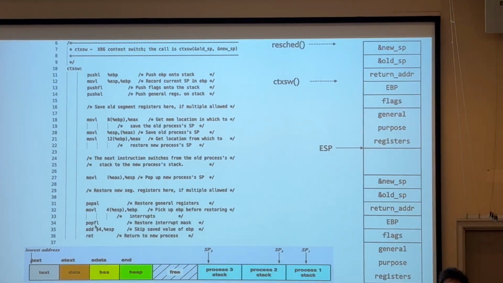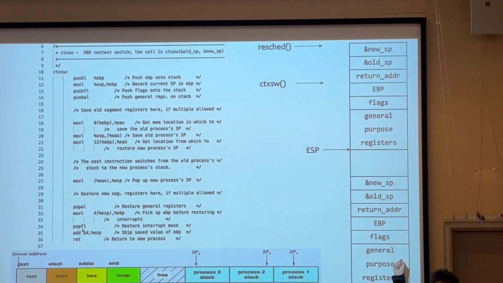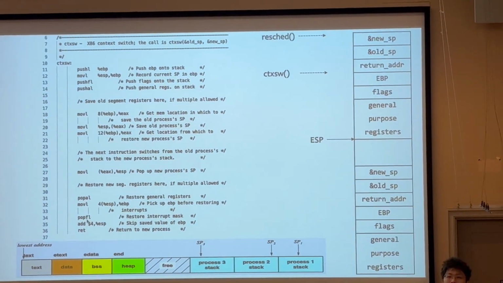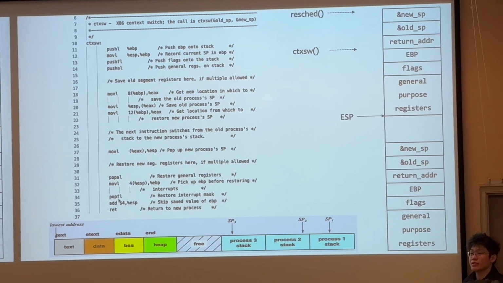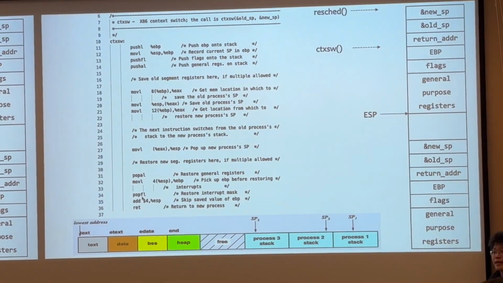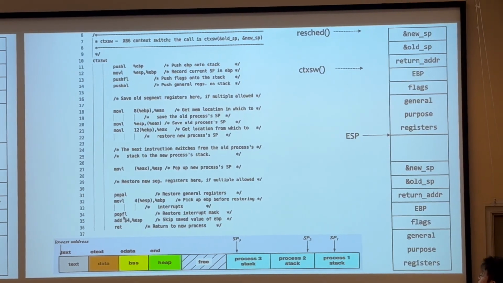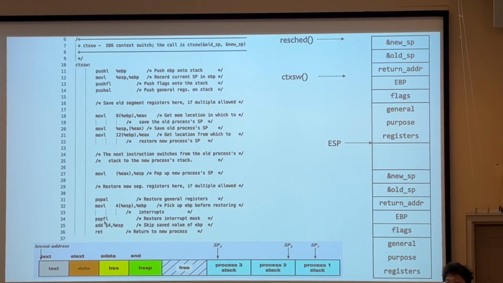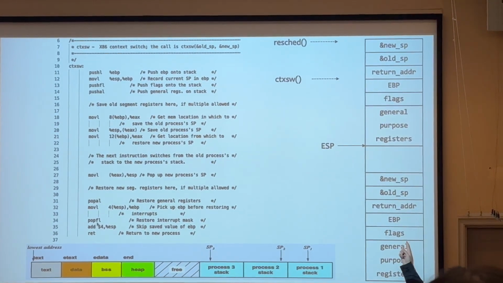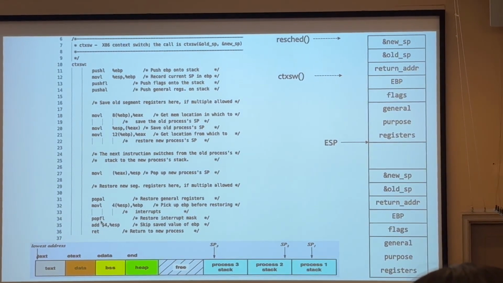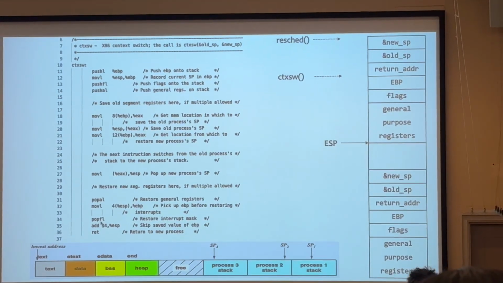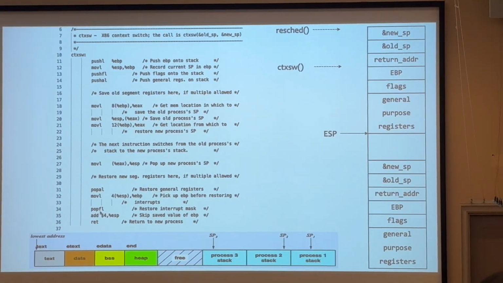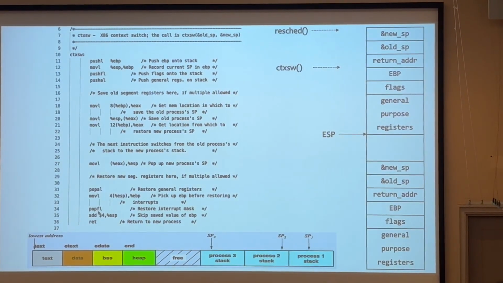In almost every execution, this interrupt flag will be disabled. In almost every case, except for one special case, which is if the process is just created. In almost every other case, the interrupt is disabled. So if we ignore process creation, it's safe to just pop the flags with interrupt disabled. Because if an interrupt is disabled, you won't have another process switch in because of a timer interrupt during this execution.